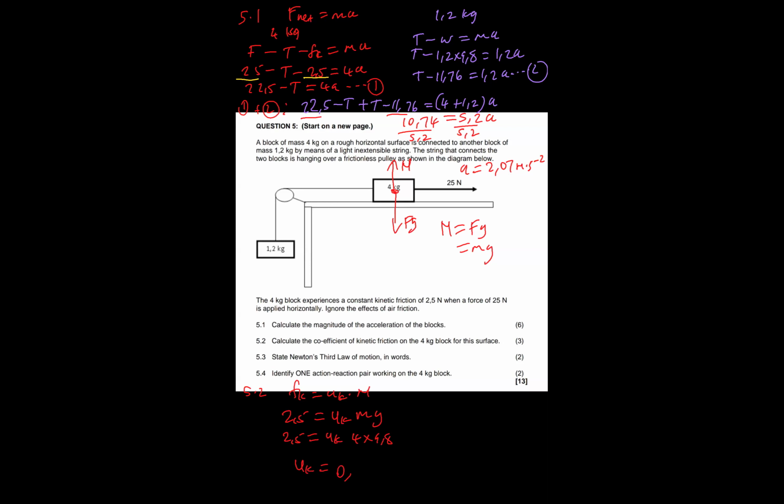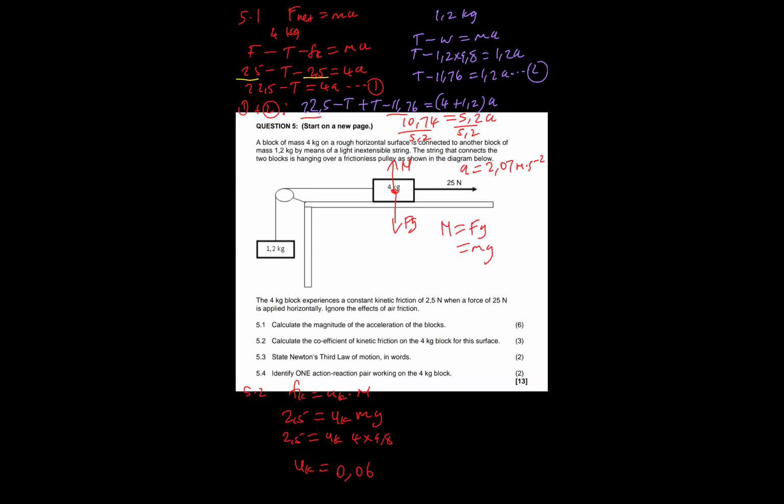So the answer is going to be 0 something. 2.5 divided by this is 0.06. And there is no SI unit, ne? No SI unit because it is a ratio of forces.